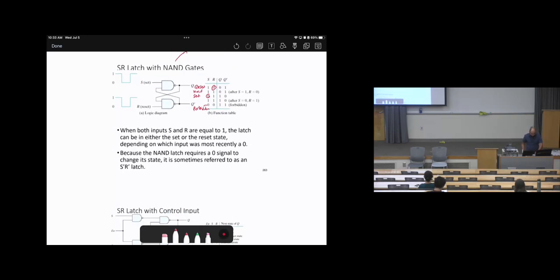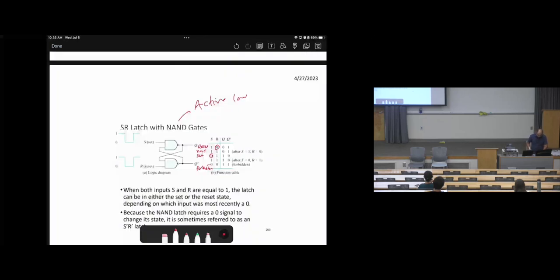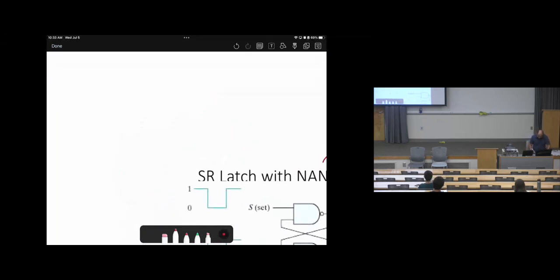Okay, now I'm going to assume also a scenario with active low, a timing diagram like this. Here is S. Here is R. Okay. Now we need to find the Q and assume an active low.